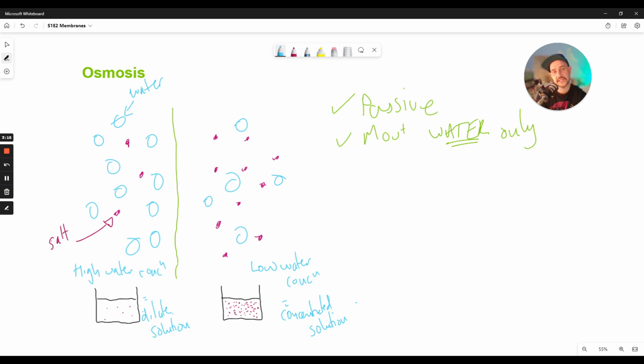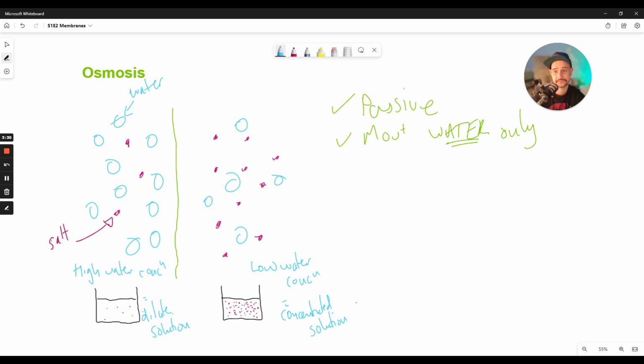Now, in the National Fives, you will see it written as a high water concentration and a low water concentration. But in other literature and other places you might get in some of your revision, you might see dilute and concentrated solutions. So it's important that you are aware of the different ways that we describe these solutions.